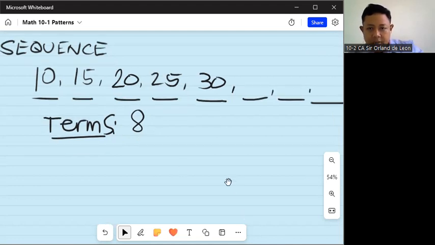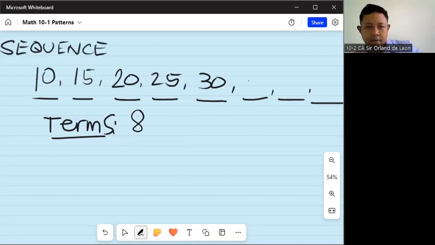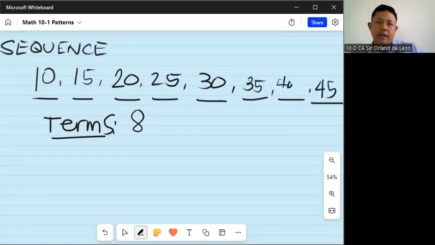What are the 3 other terms following the pattern of the sequence? Let's hear it from, yes, Gabriel. Sir, 35, 40, 45. Very good. So we have here 35, 40, and 45. So this time, we already have 8 terms. Show me a reaction if that's clear. Let me see. Very good.